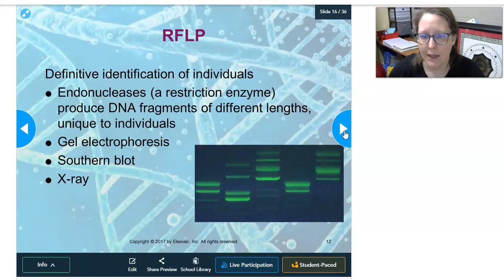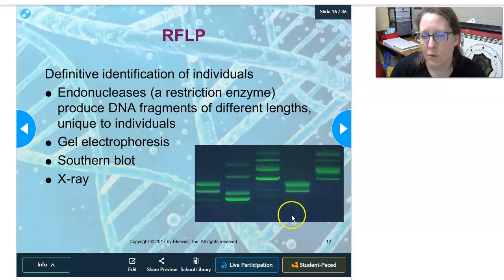Those fragments are then separated through gel electrophoresis, and then the Southern blot process is applied. I'm going to talk about that in a little bit and show you a diagram of how it's done. But that allows you to visualize the separated bands of DNA via X-ray, and you get a pattern.